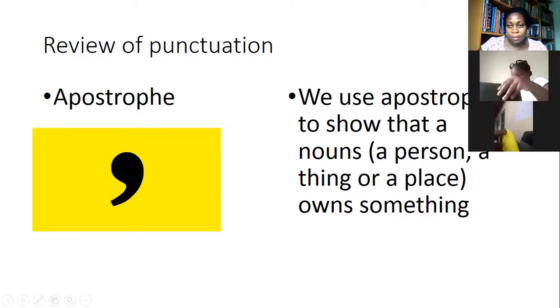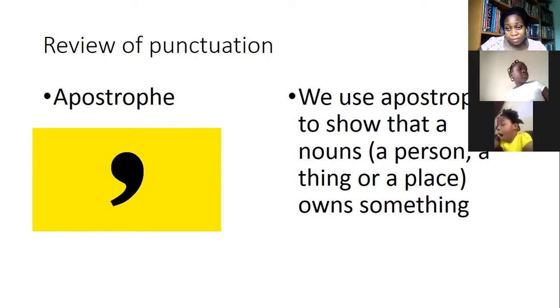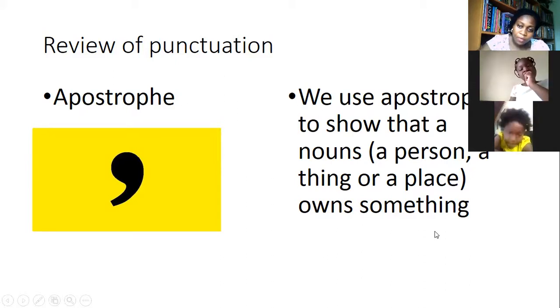The words in the brackets, a person, a thing, or a place, represent the definition of a noun. A noun is the name of a person, a thing, or a place, right? So we use the apostrophe to show that a person, a thing, or a place owns something. Is that okay?